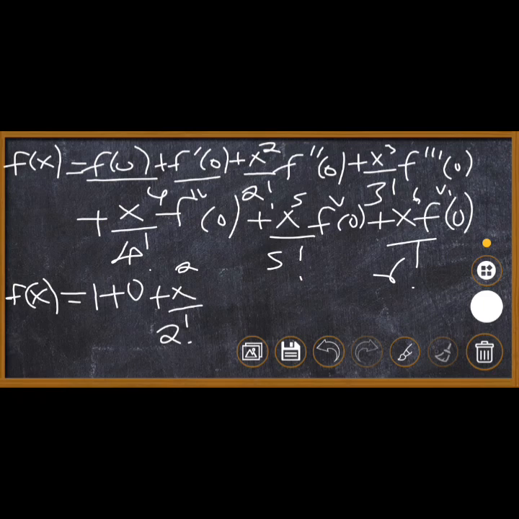The second derivative gave us negative 1, so we are going to have negative 1 in the brackets, then added to 3x over 3 factorial. Then the third derivative gave us 0, so it's going to be 0 here. Okay, and then we add the fourth, x power 4 over 4 factorial.